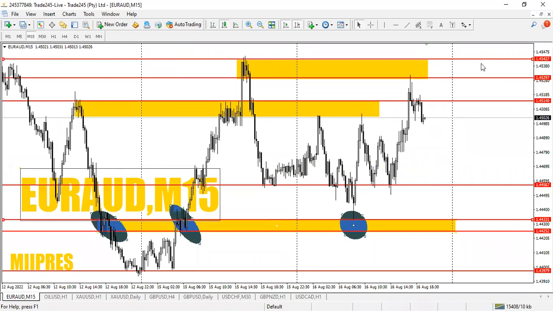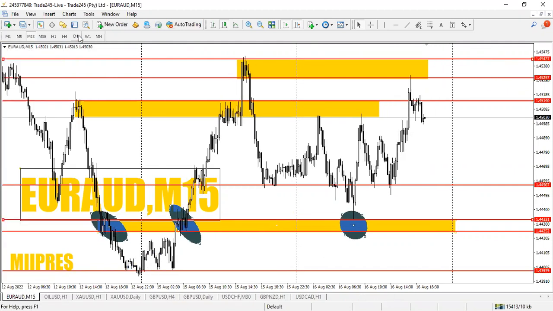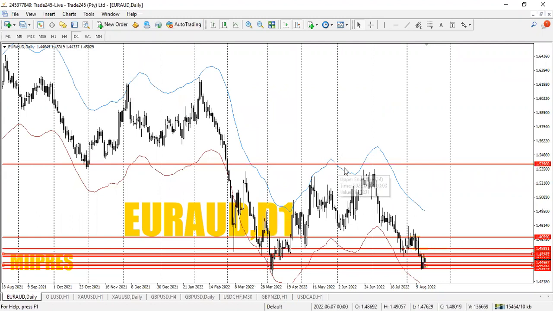But before it drops, always check, if you're trading Euro AUD, what AUD USD is doing. We're gonna catch up on that. My expectation on this one, you just watch it.